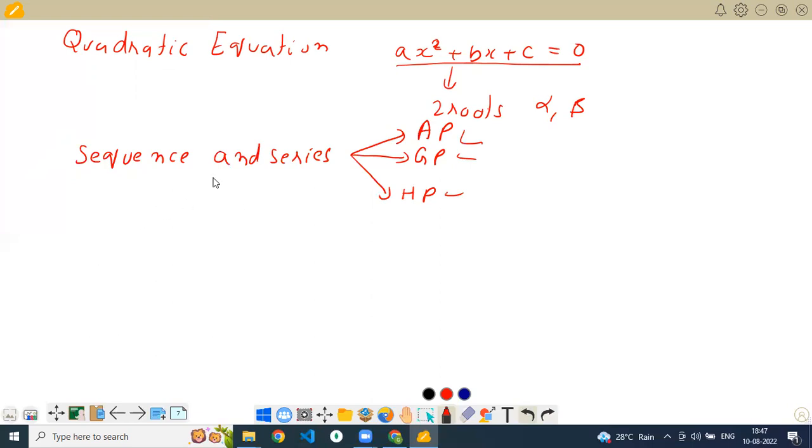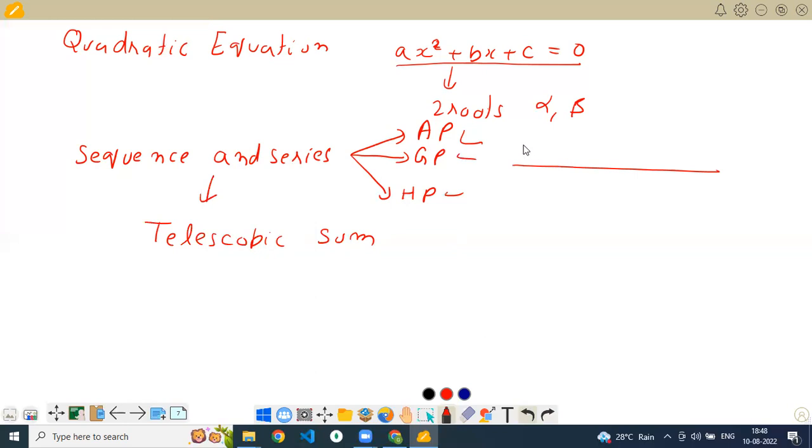Under this sequence and series topic, there comes a term known as telescopic sum, where we are given a sequence of numbers in a particular order and we have to find the sum of all the numbers.